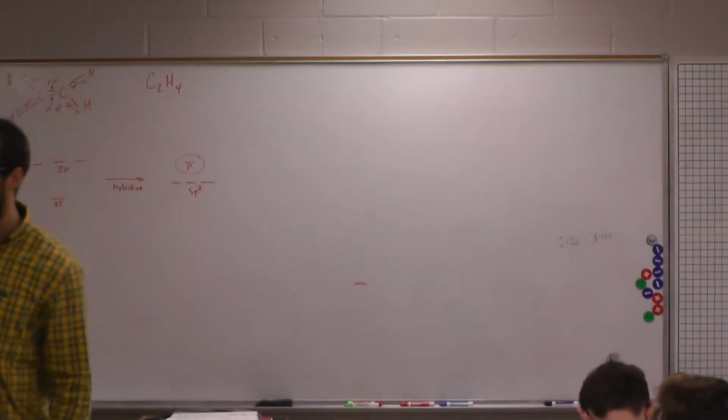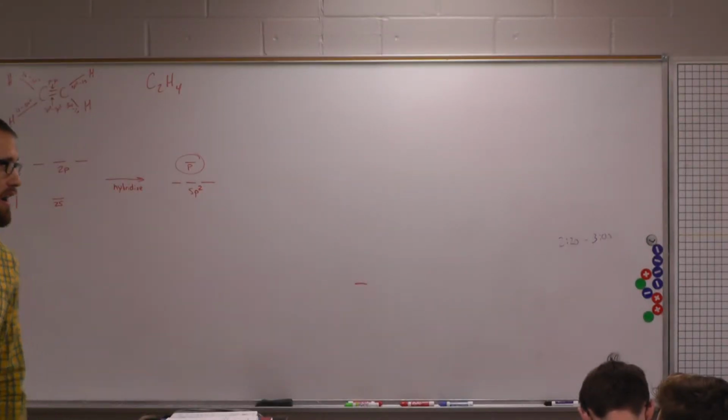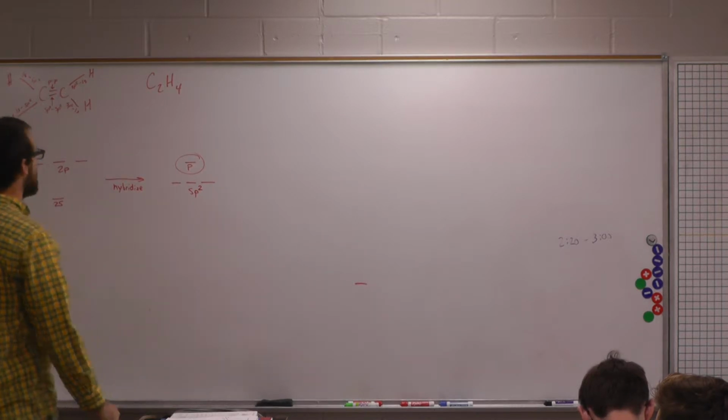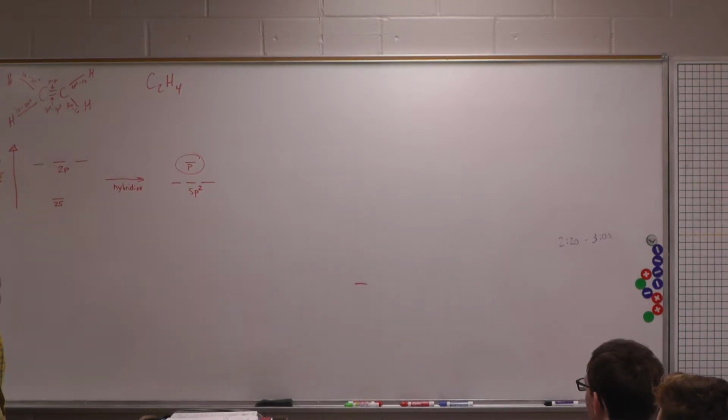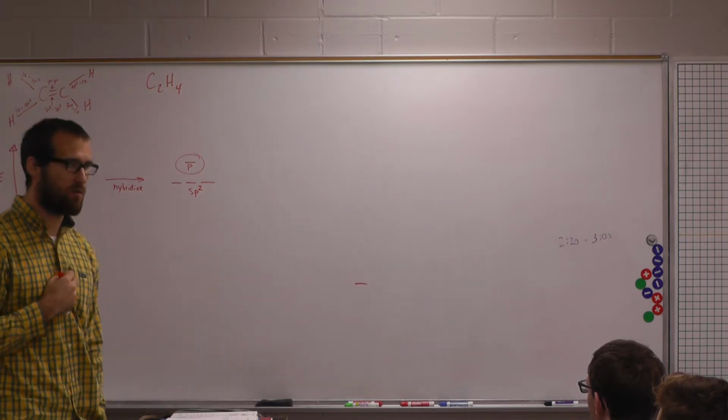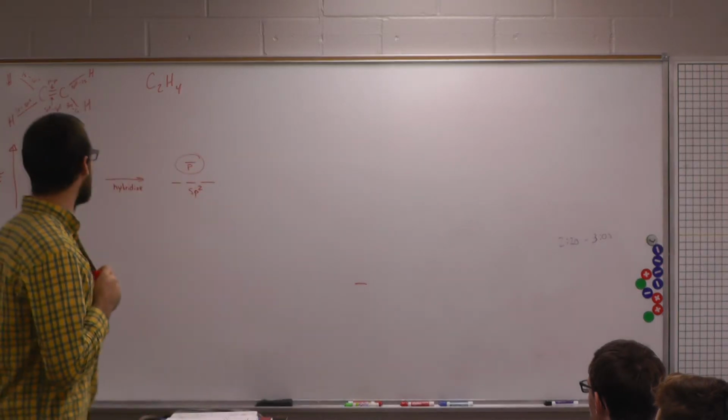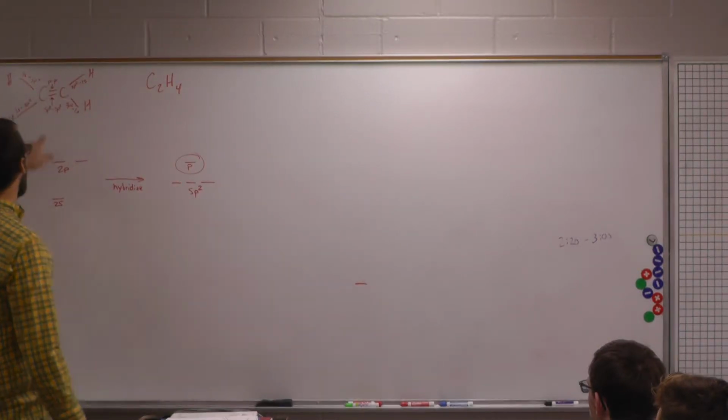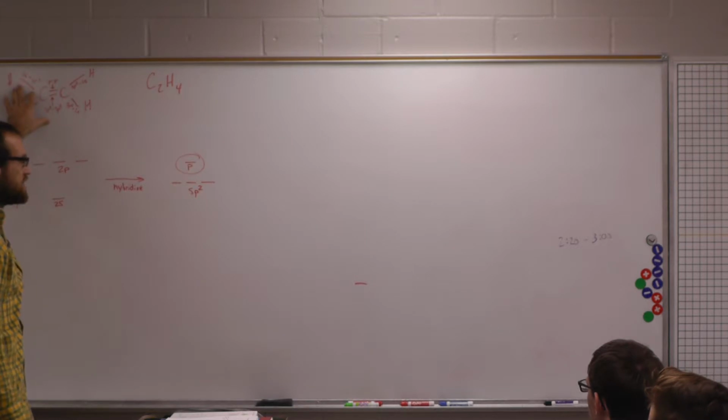So if I were to answer this question on a short answer or an essay question, this is how I would probably state it. I would say carbon is sp2 hybridized with one unhybridized p orbital remaining. Then an sp2 of carbon will overlap with the 1s of hydrogen for all four of them.